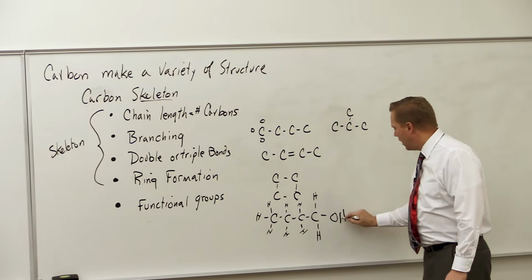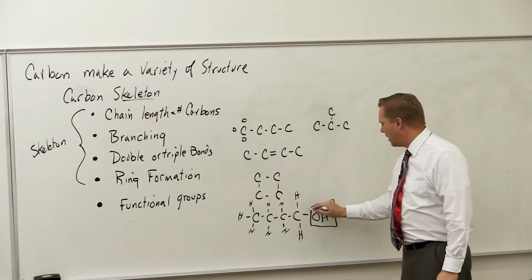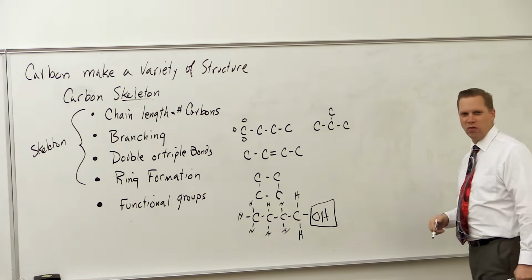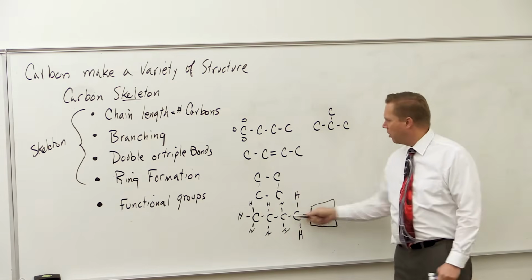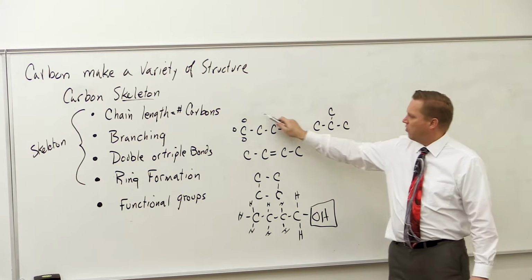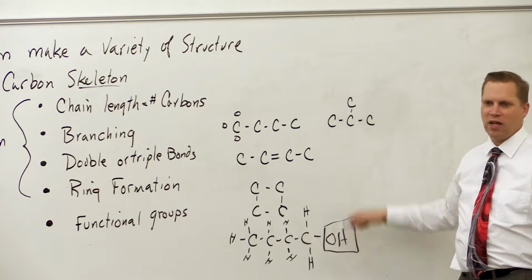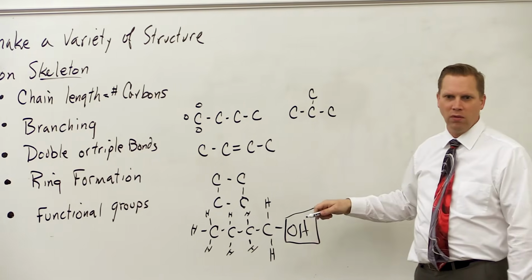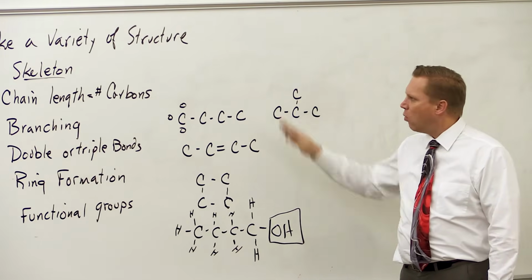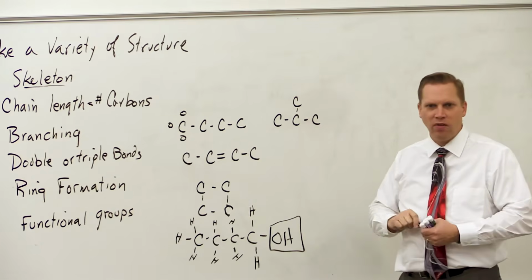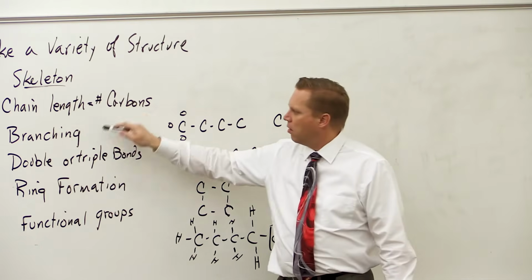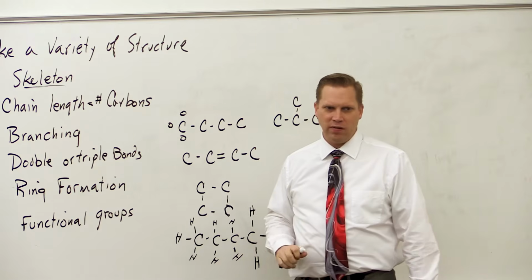But here at the end, I've attached a different group. That's called a hydroxyl group. And so this molecule, if this one was nothing but hydrogens, and this one now has a hydroxyl group, I just created a totally different molecule. Okay? And so we can get quite a bit of variation in carbon structure using these 5 strategies. Okay?